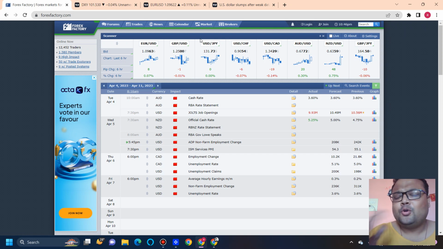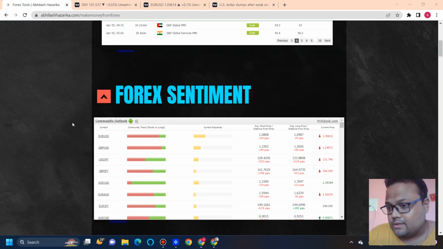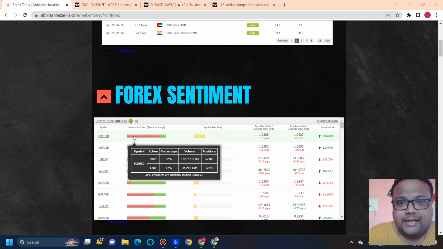As I said, nobody was expecting that the market would form this kind of massive candles. For reference, if we look at the Forex sentiment meter, which shows the position of the retail traders, we can see that 82% of retail traders are still holding their sell position, and only 17% of retail traders have taken a long position.